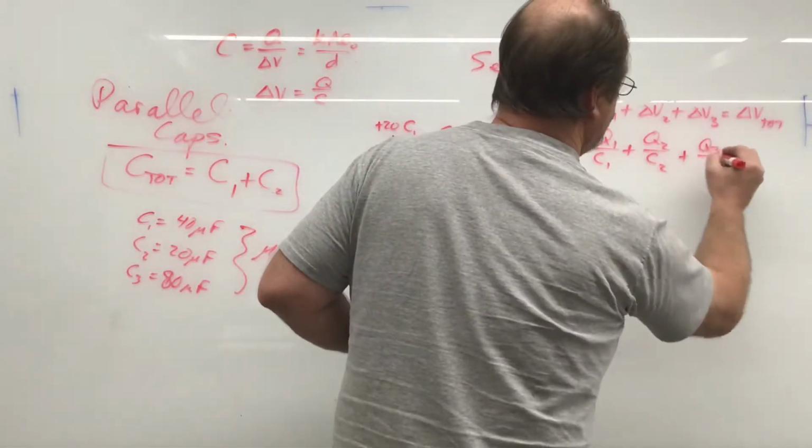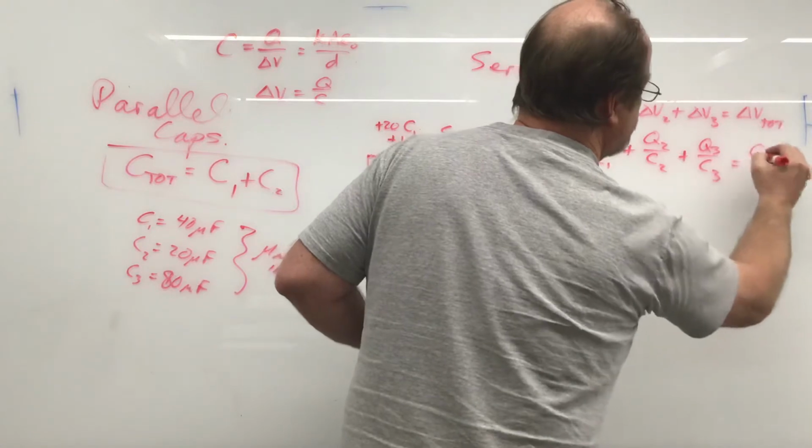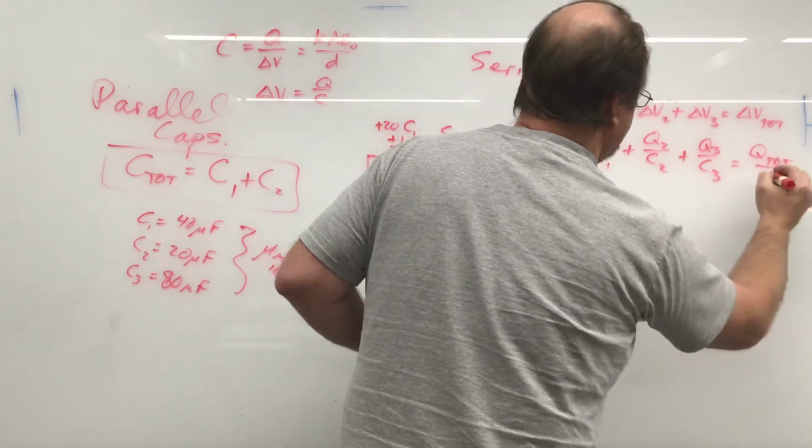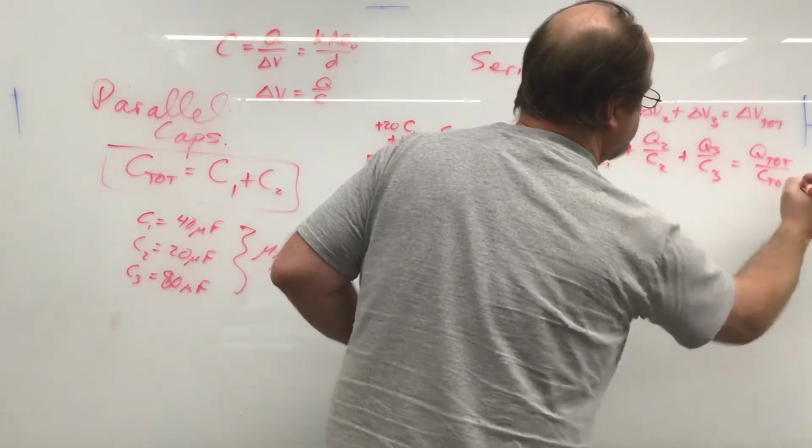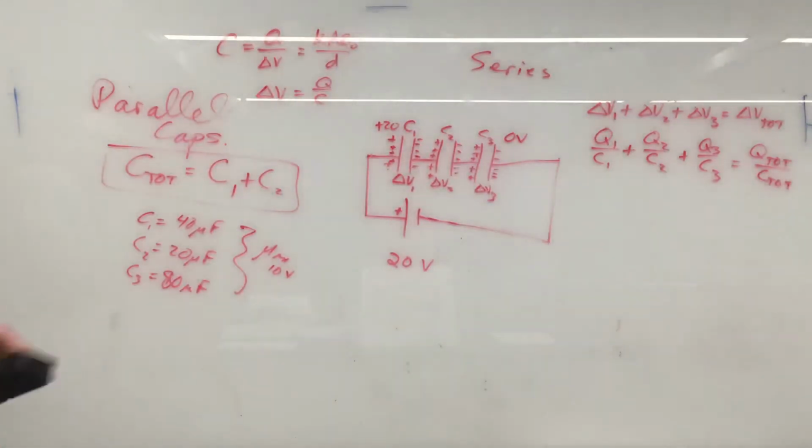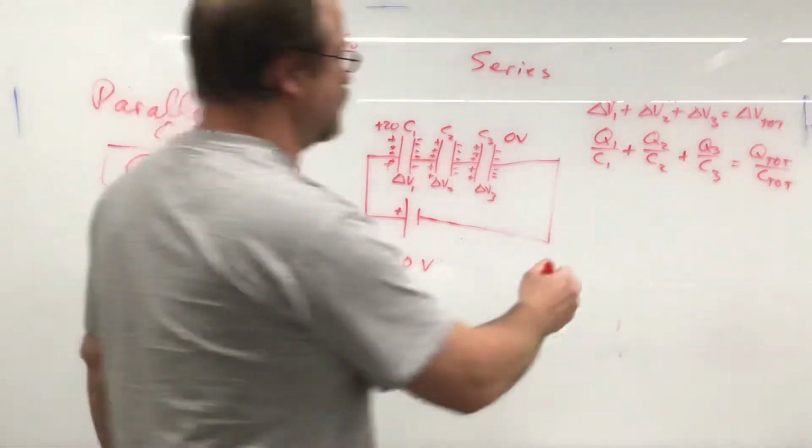And Q3 over C3, and that equals the total charge over the total capacitance. But Q1 is equal to Q2, which is equal to Q3, which is equal to Q total.